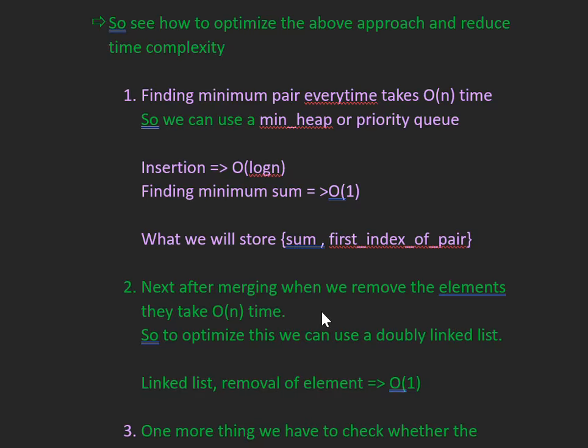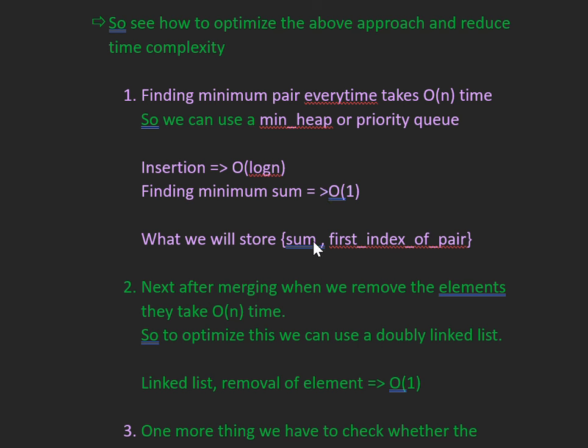As we have seen in the brute force approach, every time we have to find a pair with minimum sum, we have to iterate through the whole array, so that is taking O(n) time. Instead of iterating over the whole array, we can use a min heap or priority queue. In that we store the sum and the index of the pair. In a priority queue, insertion takes O(log n) time, and finding the minimum sum, as it is a min heap, takes O(1) time.